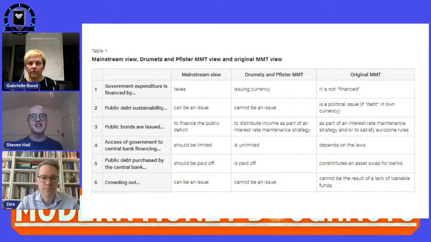Doughnut and Pfister, it cannot be an issue. You say, and again, I think this is the right way of putting it, but better you explain it than me, it's a political issue if debt is in your own currency. Yeah. What does that mean? I mean, I think Doughnut and Pfister probably read American MMT articles and books, and there, of course, Randy Wray, for example, often says this, that the government cannot run out of money, so public debt sustainability is not an issue.